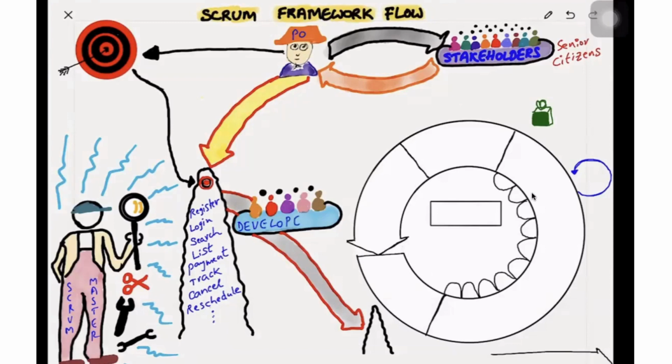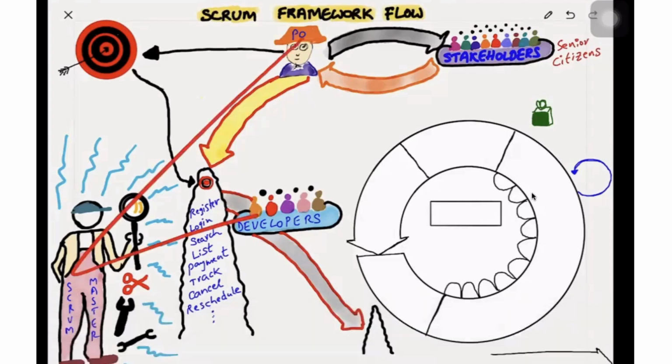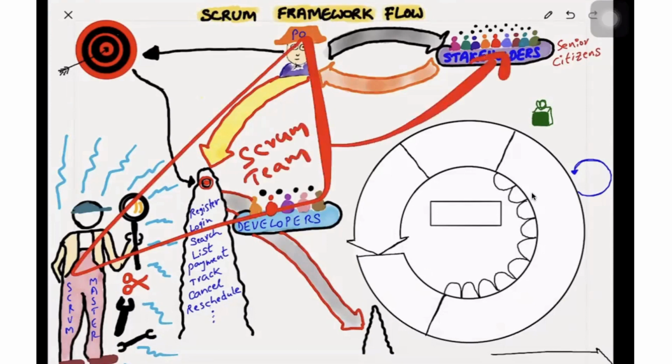Developers means not just programmers. They include programmers, testers, UI and UX people, database people, all these people together called developers. That means this group of 3 accountabilities, called the Scrum team, will understand the problem of these stakeholders and build a product in an iterative and incremental way.